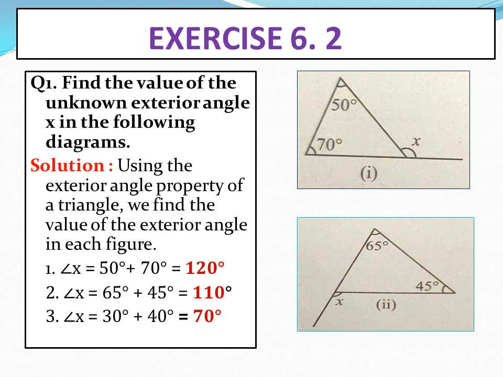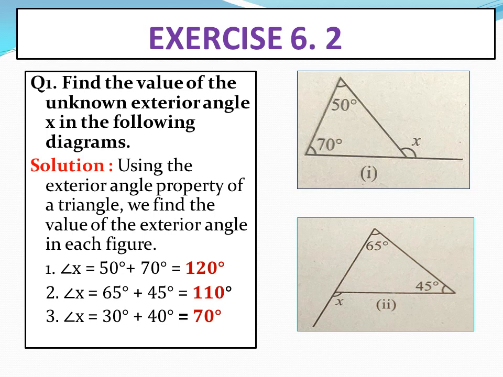First one. Look at the diagram, all of you. Have you seen? See properly? Which angles are given in the first diagram? Yes, interior opposite angles are given. One angle 50 degree given, another angle 70 degree given. By using this 50 and 70, we have to find the value of x, the exterior angle. So we have to use the exterior angle property of the triangle.